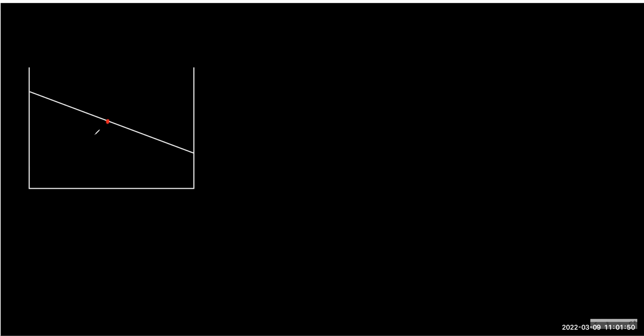So this is at rest, as you can see. And if I say the mass of this particle is dm, some elementary mass, so the weight will be dmg.